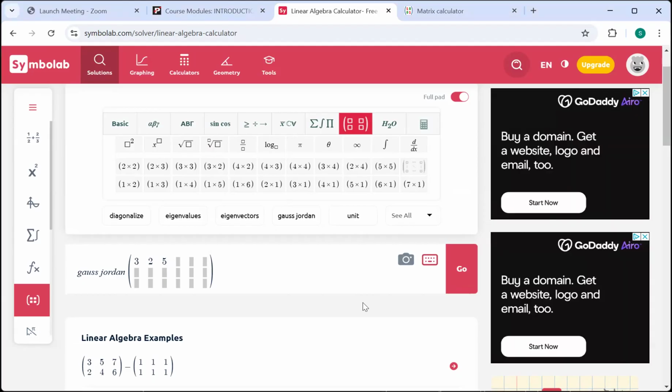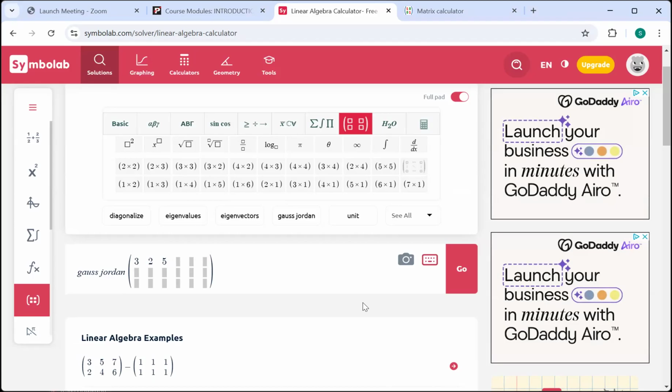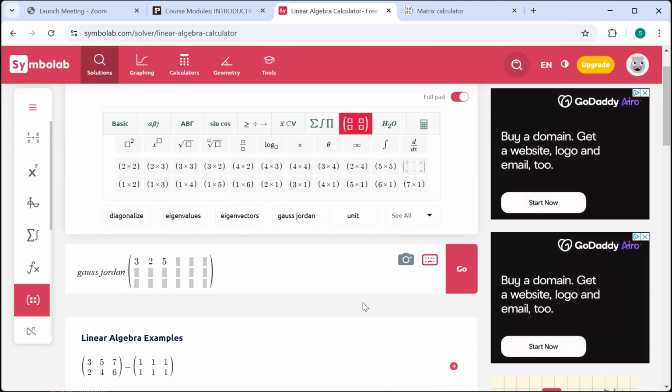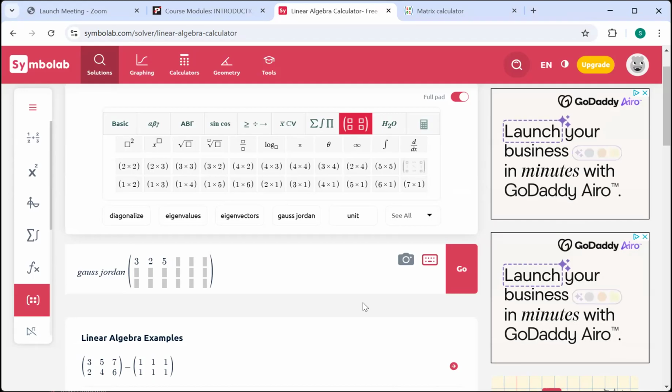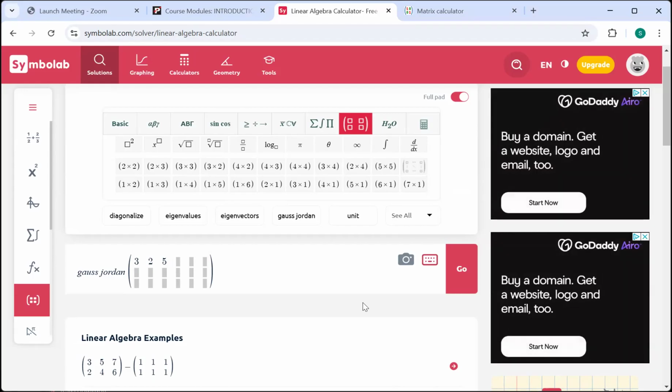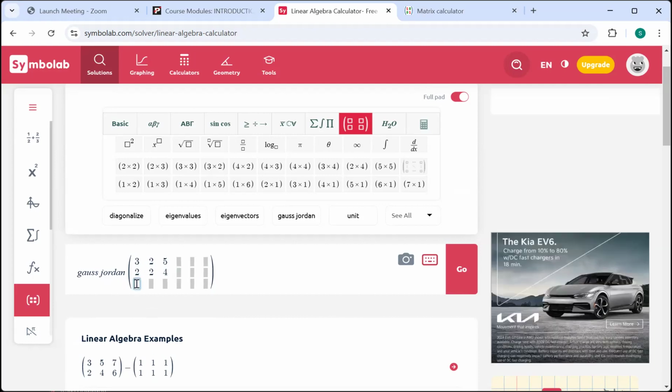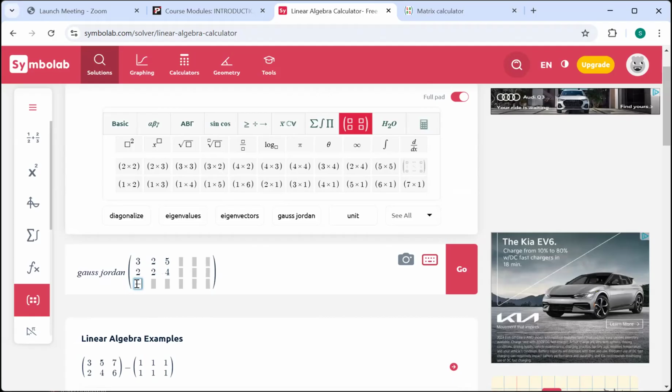Now, that's 3, 2, 5. And then the second row is 2, 2, 4. In the third row, -4, 4, 0, right? That's the coefficients.